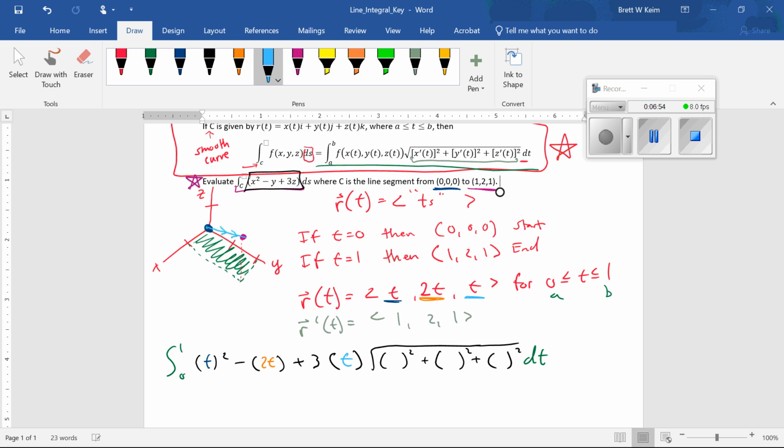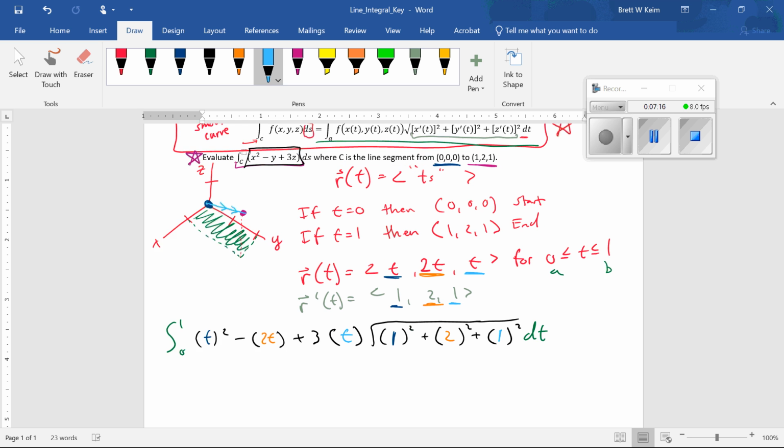So I'm just plugging them in, right? That wasn't terrible. Next, though, I'm going after the primes. Oh, I already did r prime, right? That's this 1. Oh, 1's in here. Then I have 2. And then I have my 1 again. Okay. And hopefully that's not too bad for you to plug in there.